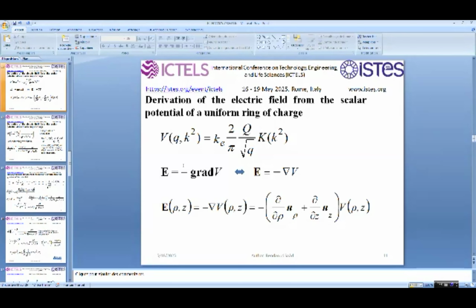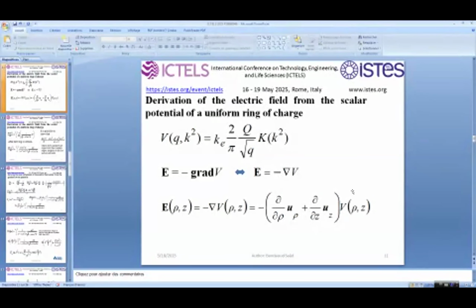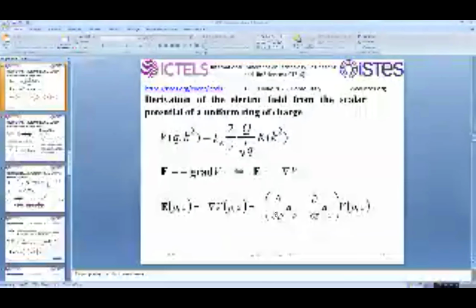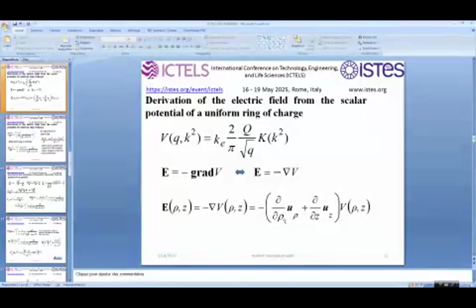By expansion we find this expression. This is the axial component, and the derivation applied to the potential function gives us the radial component of the electric field. We must calculate this component and this component.